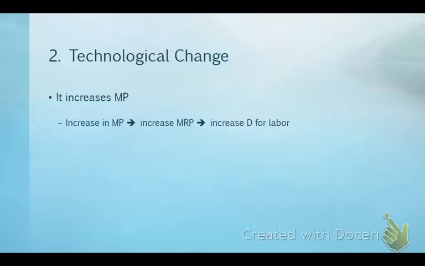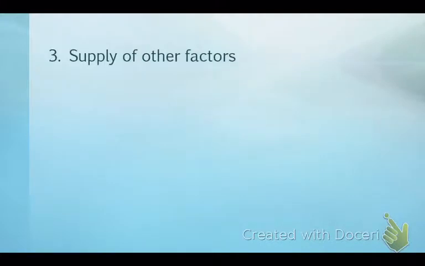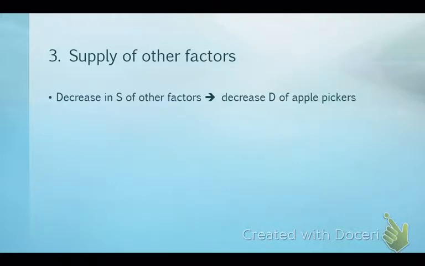Do I have it? All right. Supply of other factors. This is something we'll think about a little differently than what we had before. With the supply of other factors, if you have a decrease in the supply of other factors of labor, such as if we're talking about workers, we're talking about labor, and we have a decrease in the supply of capital, or just a decrease in the supply of land or something like that, that's going to decrease the demand for apple pickers.